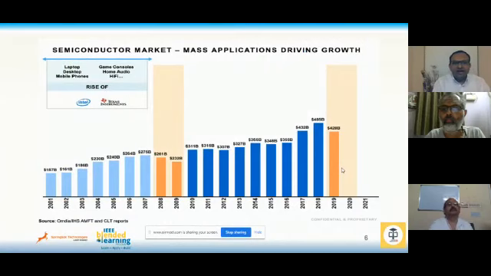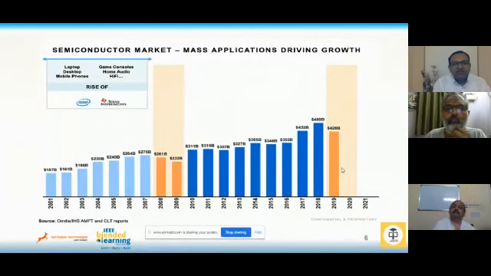Next, let's look at the semiconductor market and the mass applications growth drivers. So let's first look at the first decade of this millennium. It was the age of the laptops, the desktops, the start of the mobile phones really, and some of the game consoles and the home audio, as you will, and the rise of major companies, behemoths like Intel and Texas Instruments.